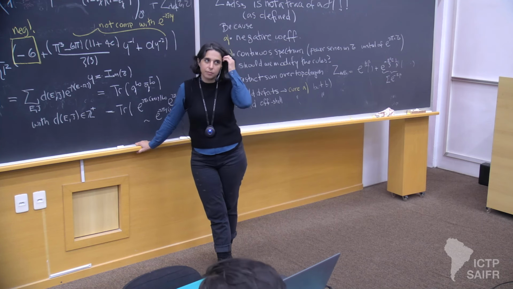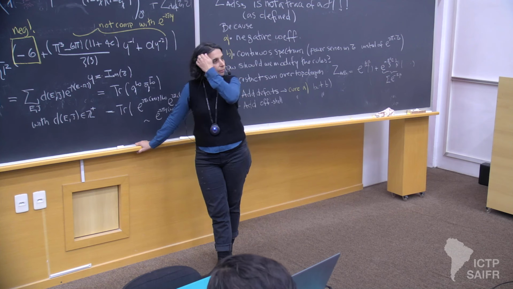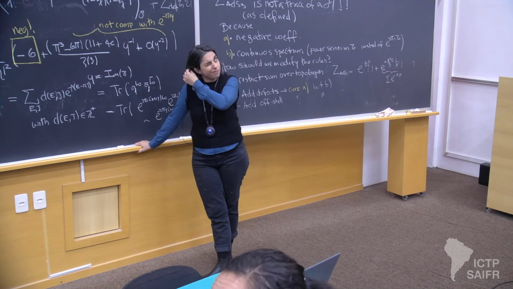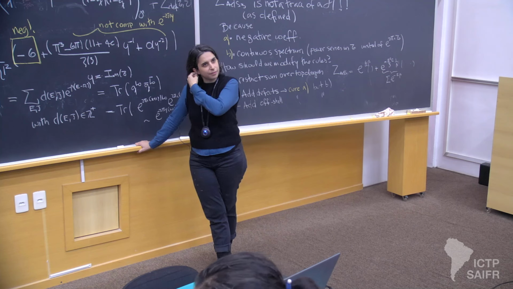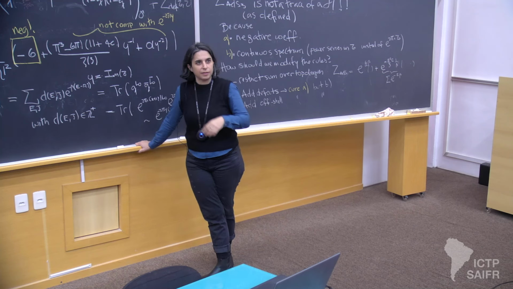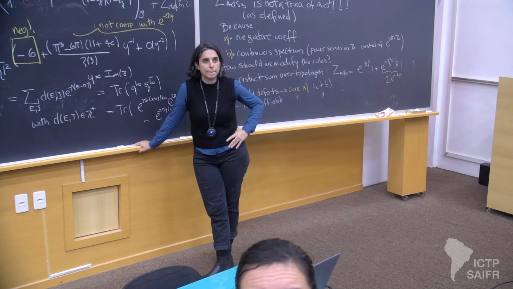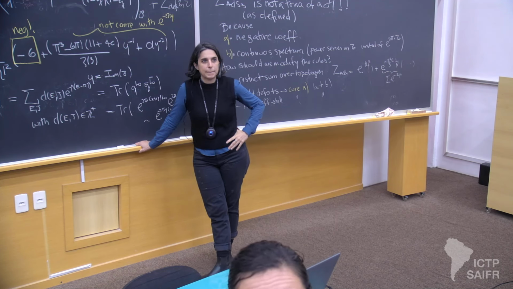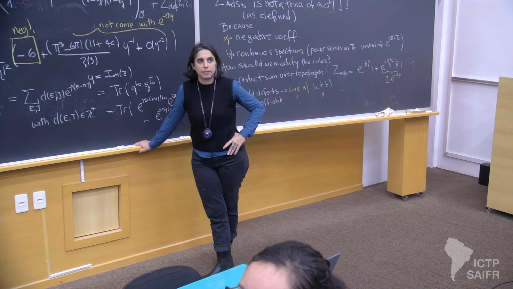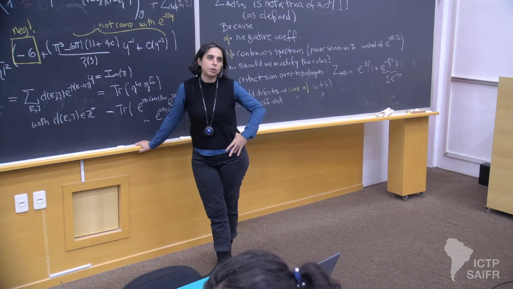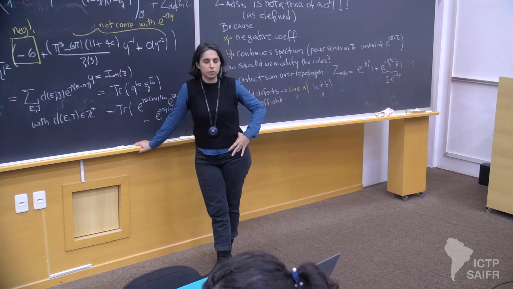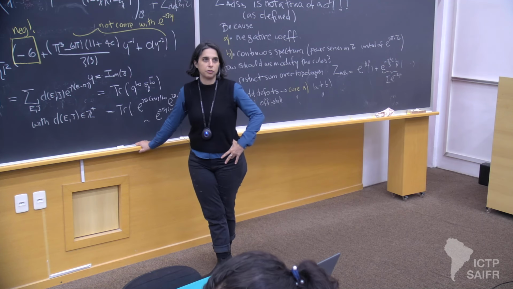More questions? You said that there are negative coefficients of different types. Doing this type of expansion in 1/y, you have that -6, but you can go to other regions of the complex plane and you're going to see negative coefficients popping up again.